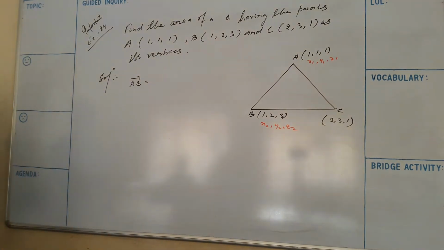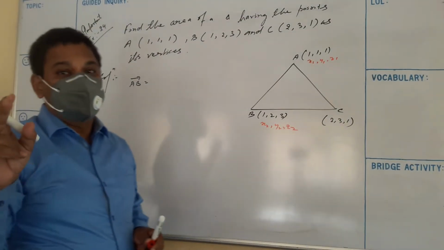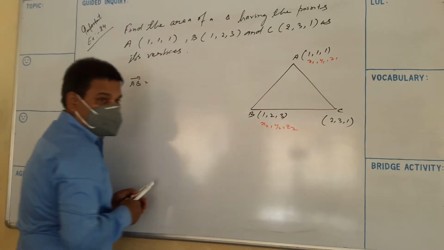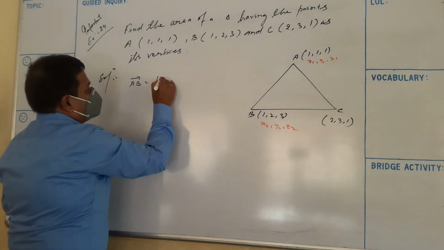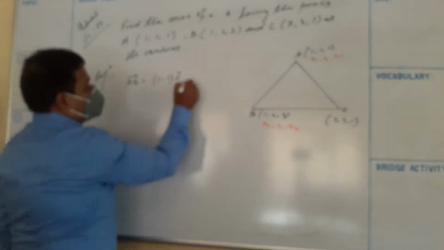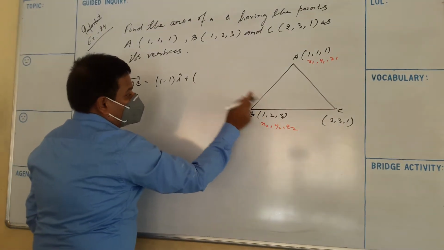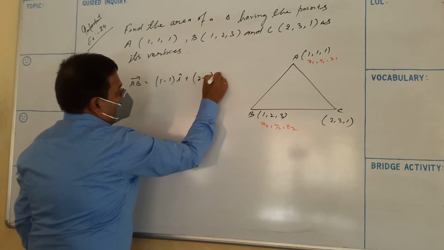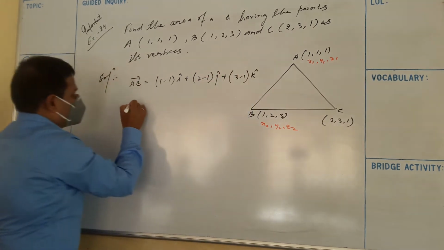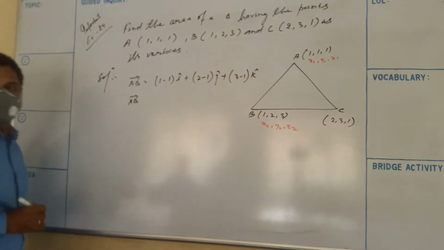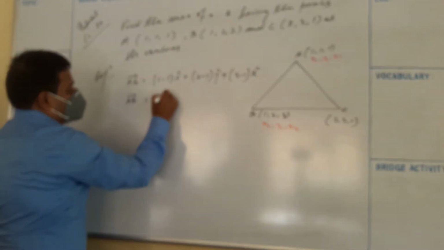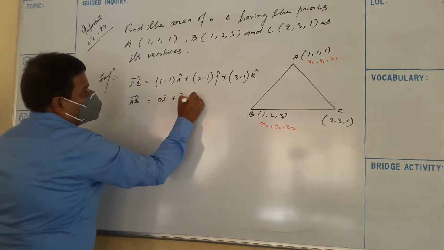You know the position vector: x2 minus x1, so 1 minus 1 is 0i, plus y2 minus y1, 2 minus 1, j, plus 3 minus 1, k. So vector AB is 0i plus j plus 2k.